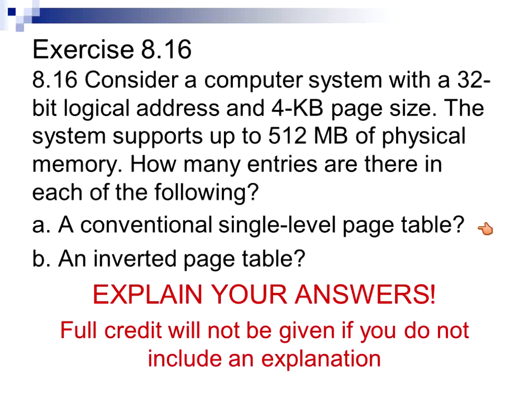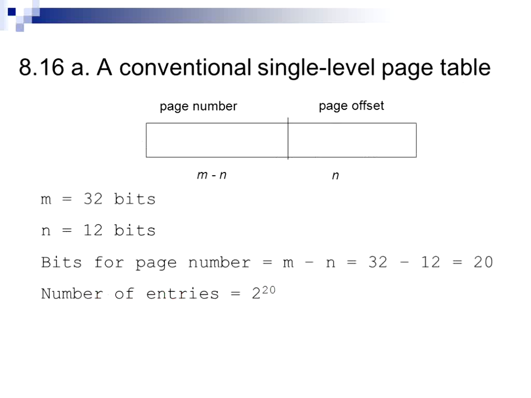It lists all the frames that are available in the system, and then just puts what pages are using that frame. So let's take a look at this and start with the conventional single page table. We were told that the address is a 32-bit address.